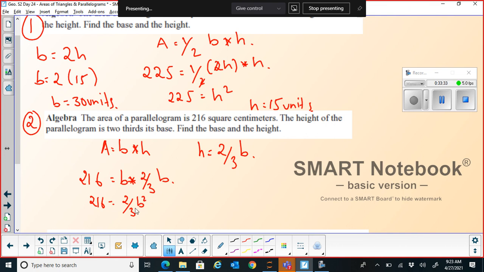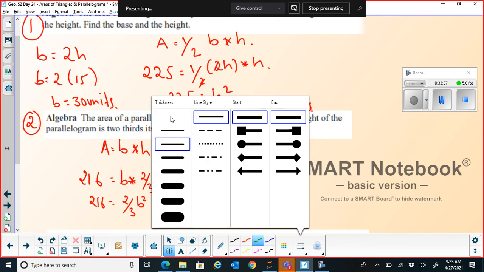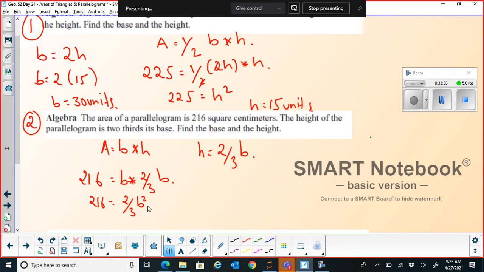To get the value of b, first I will multiply by 3 on both sides and divide by 2 on both sides, so that I can cross out this 2 and 2 and 3 and 3.